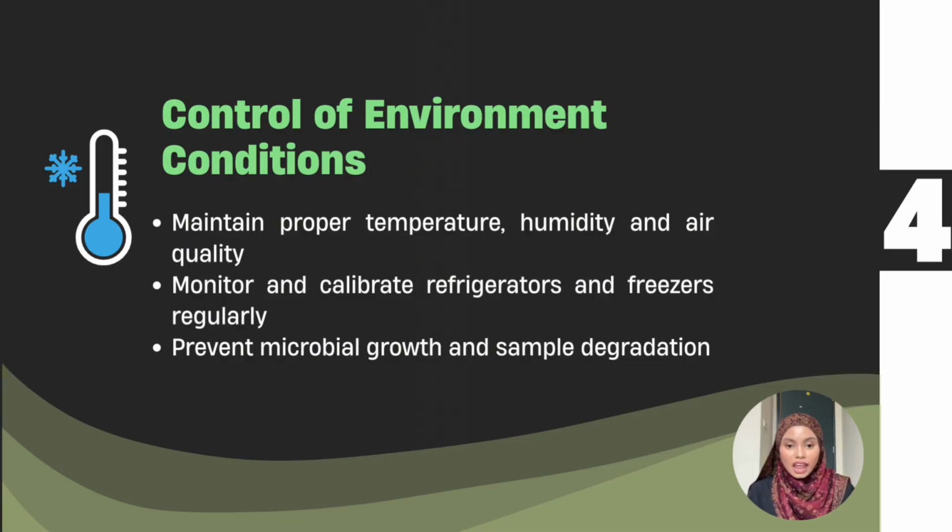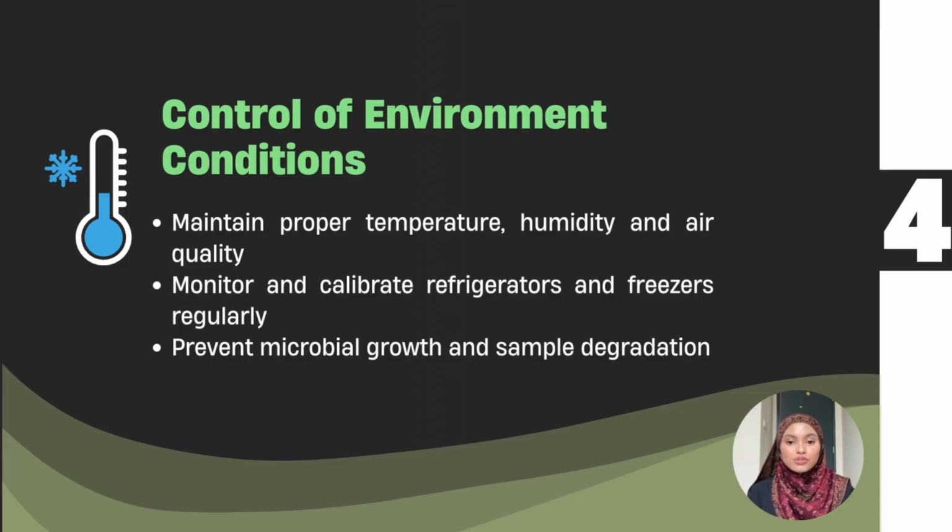In addition, refrigerators and freezers must be monitored and calibrated regularly. This ensures that samples are stored at the correct temperature at all times and reduces the risk of temperature fluctuation that could lead to sample damage or inaccurate results.